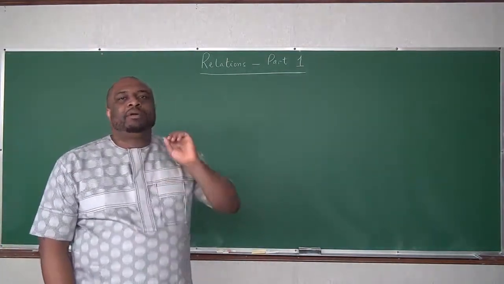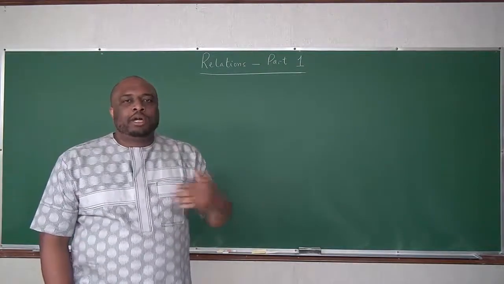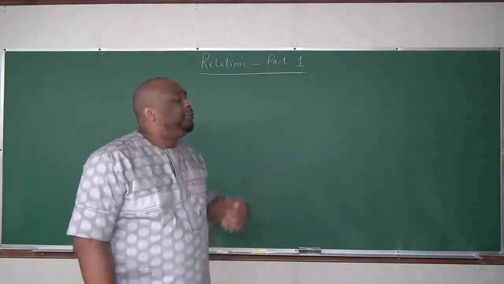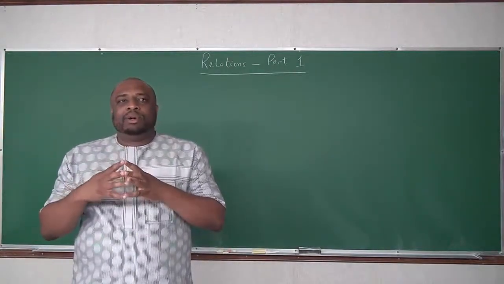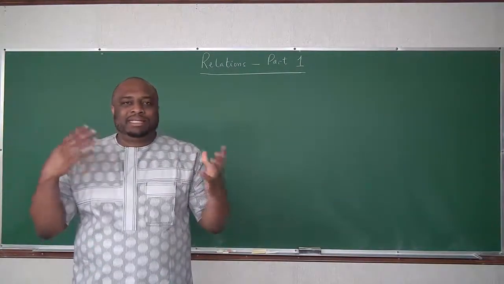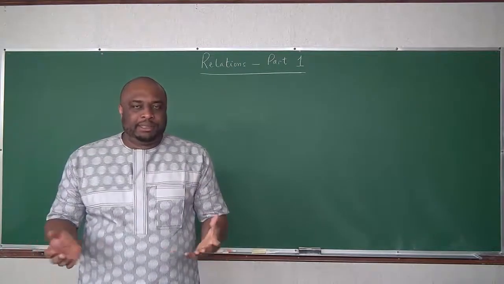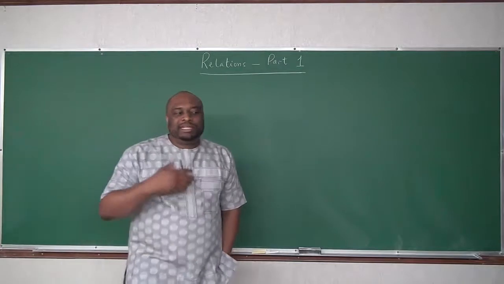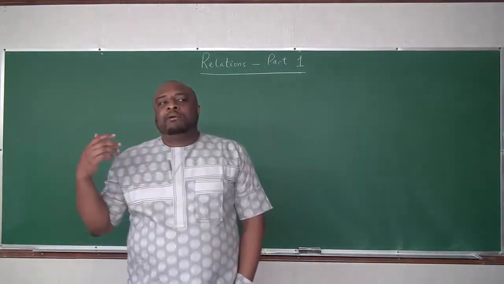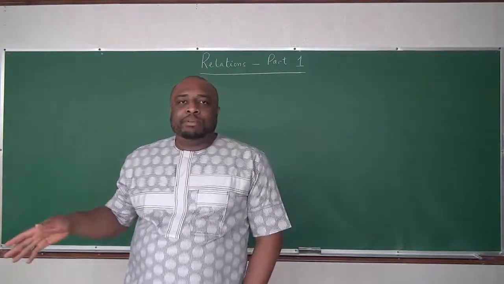We shall now focus on relations. So from what we defined as relations in that video, we say that a relation is a set of ordered pairs. That's what we discussed in that video. So a relation is a set of ordered pairs. For each input, you have an output.